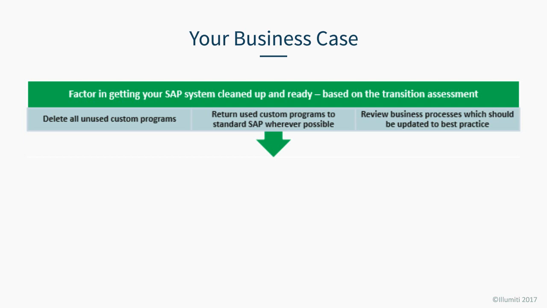So making a decision about, we're not even going to worry about trying to bring this custom application over, because we've seen that in S4HANA, that application has now already been built in a much more efficient way than what we had, and so we're going to adopt that instead. So we need to review that and make that decision up front, because that will make the whole process a little easier. And then also review any business processes which should be updated.